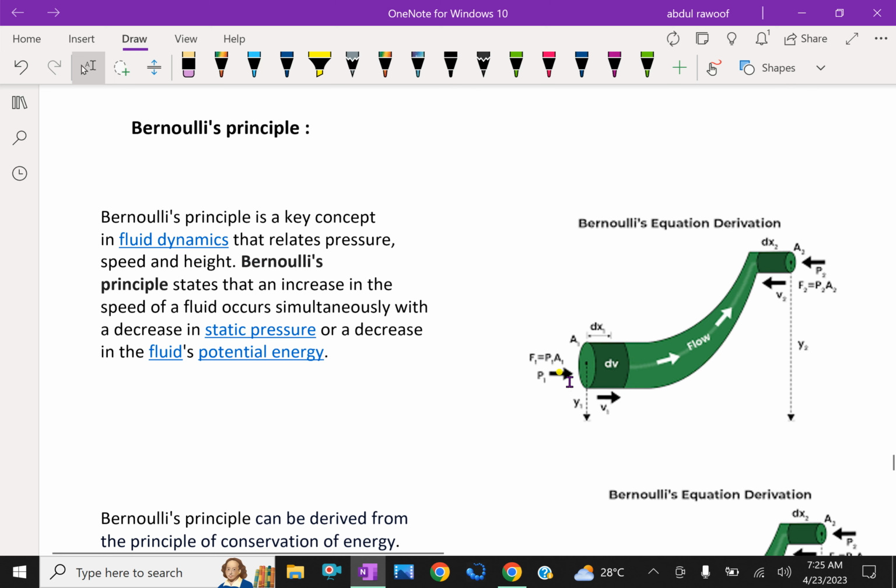Here, look at here, the force F1 equals P1 A1. Here pressure is P and delta X is a small distance. This delta V is the small volume. V1 is the velocity of the fluid at some cross section. Its velocity is continuously changing because the cross section is changing.